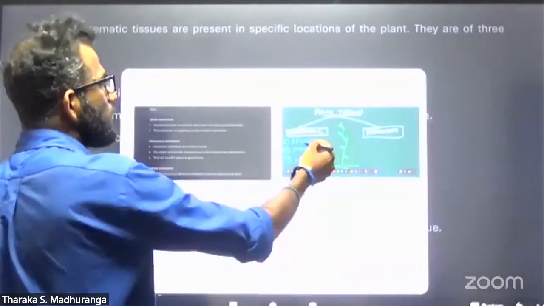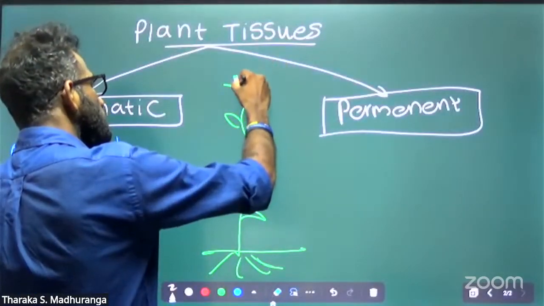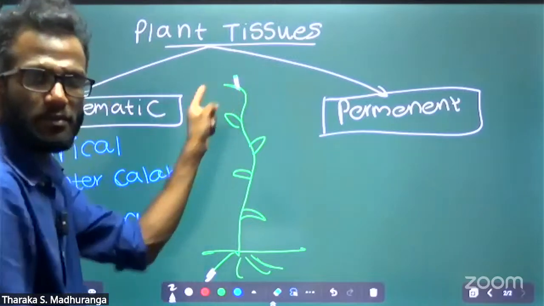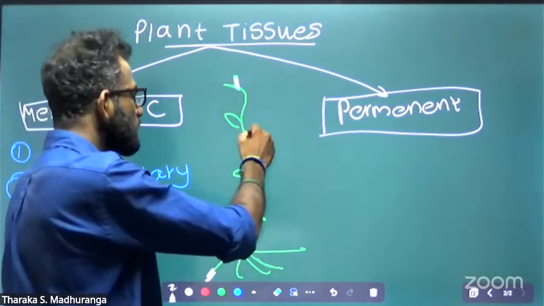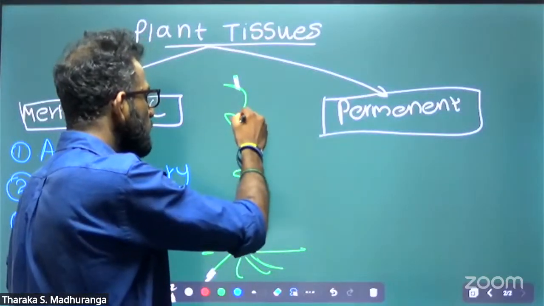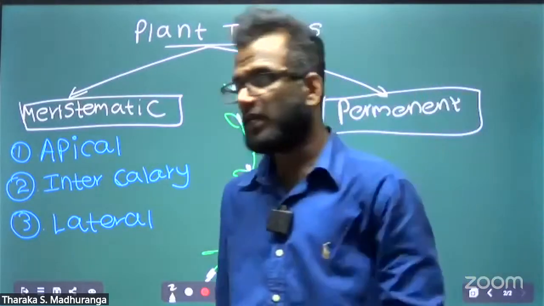Now, they are the locations where the apical meristems are present. These shoot apex and root apex, these white color places are the buds. They are the places that locate apical meristems.